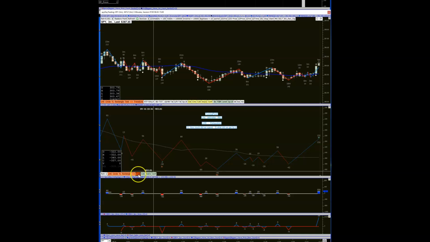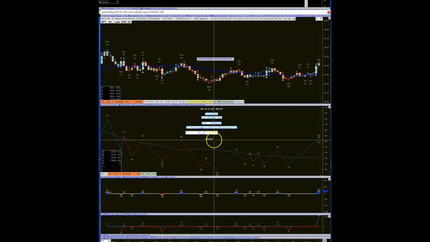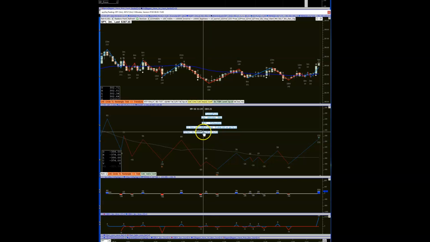Let me write that down. One is really volume, what do we spend? And two is thrust. What is thrust? It's the distance from high to high, or low to low.